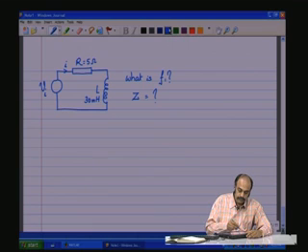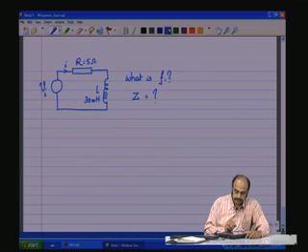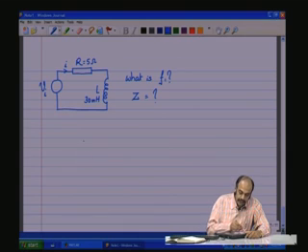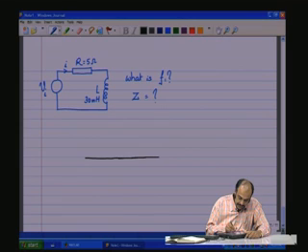So, we know that it is an inductive circuit, and therefore, the current lags the voltage. Let us take the current I as the reference. So, let us have the alpha axis along the I axis.